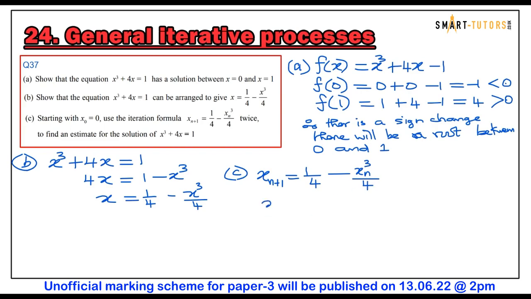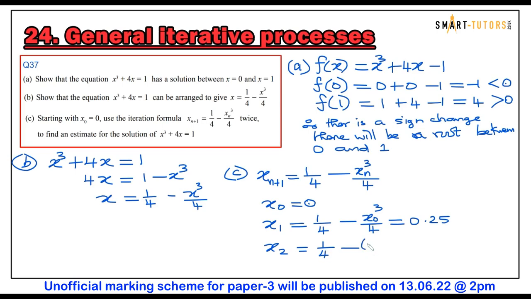They are asking for the starting value x0 as 0, and you need to do the iterative process twice. First we do x1 equals 1/4 minus x0 cubed over 4. If you put 0 there, that is 0.25. And x2 equals 1/4 minus x1 cubed over 4, which is 1 over 4 minus 0.25 cubed over 4.